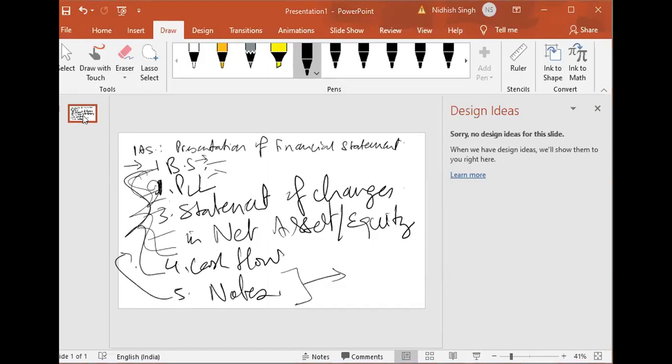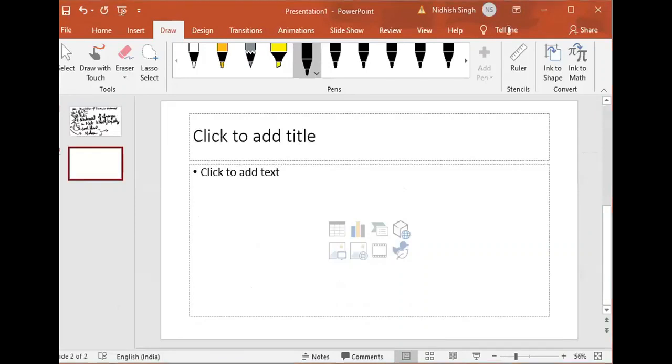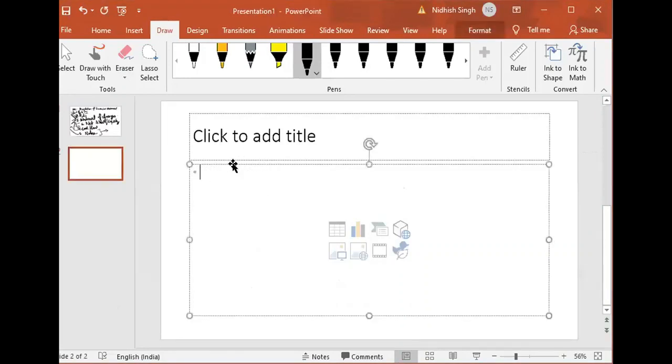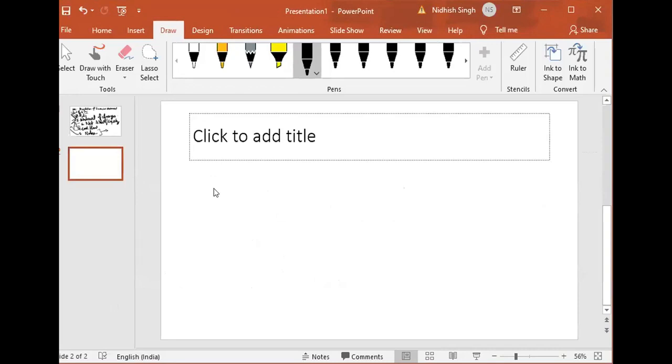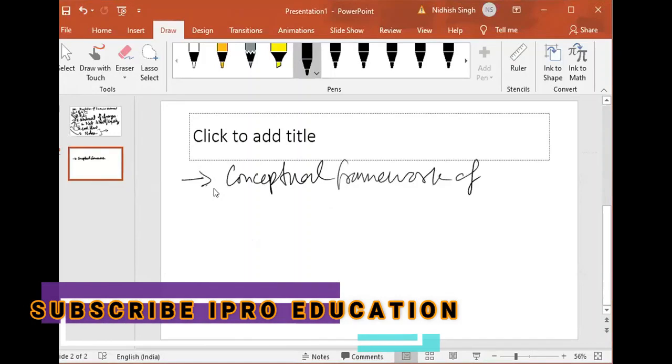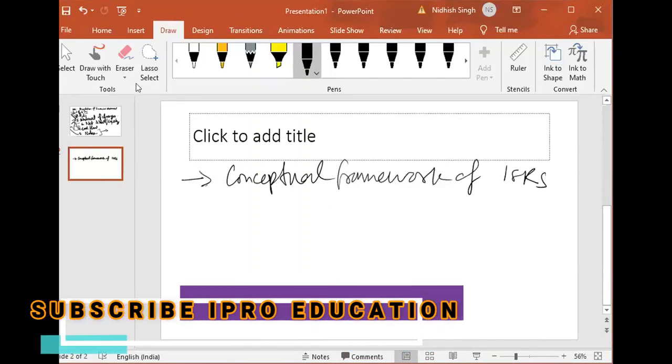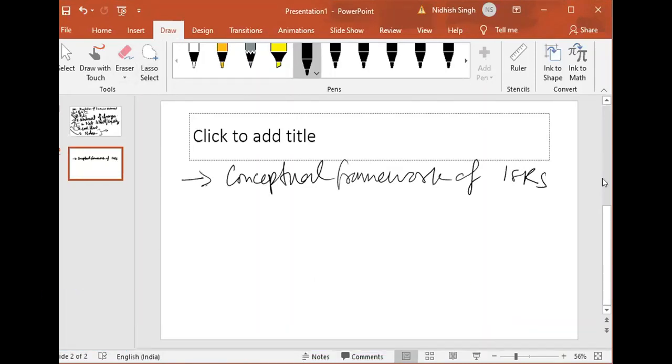Now, once we have the 4 primary statements presented, we also need to obey or follow certain rules. And what are they? Some of the conceptual framework of IFRS, secondly, rules of IFRS to prepare accounts.